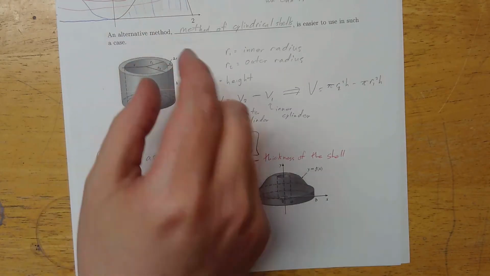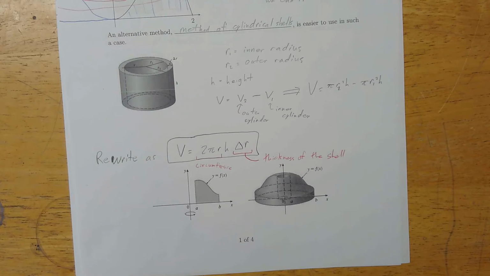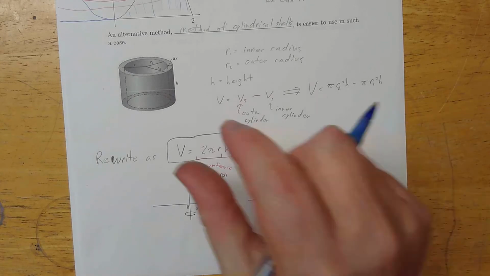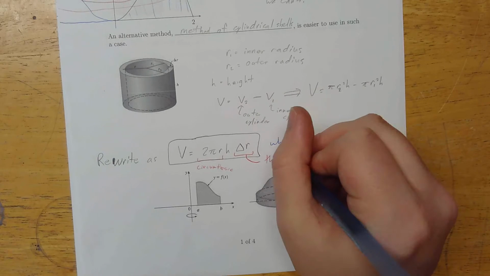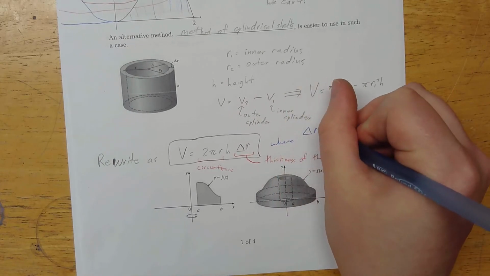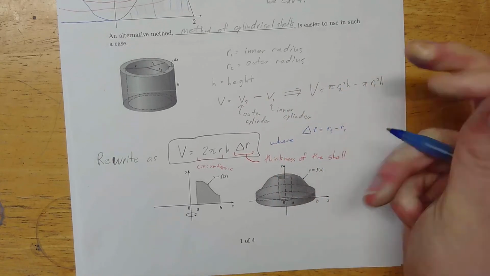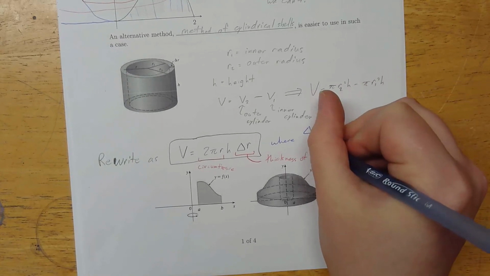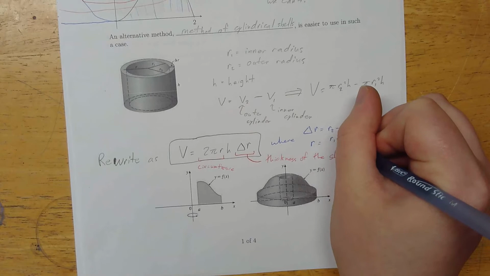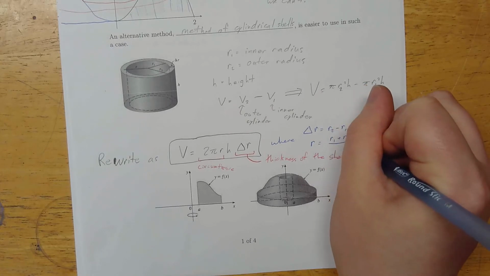So we just have to figure out the circumference, how thick it is, and the height, and multiply those together and figure out what we are looking at overall. Now here, we're going to have that delta r equals r2 minus r1 from above, and r here is going to equal r1 plus r2 over 2.